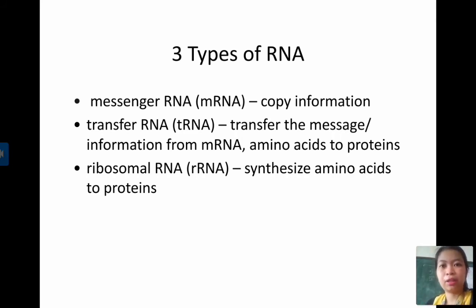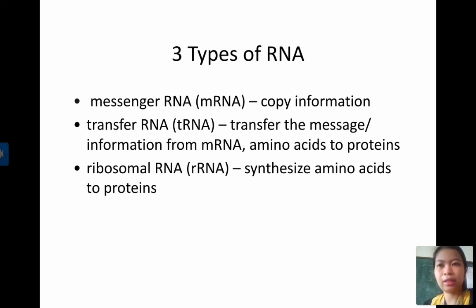Next is transfer RNA. From the word itself, transfer, of course, it carries or transfer the information na galing dun sa mRNA. Si mRNA, pinasa kay tRNA yung nakopya niyang transcription. And then, si transfer RNA, kanino dadalhin ni transfer RNA?